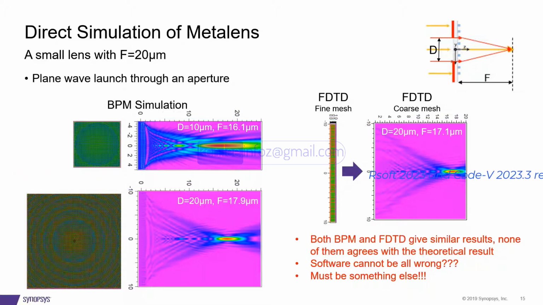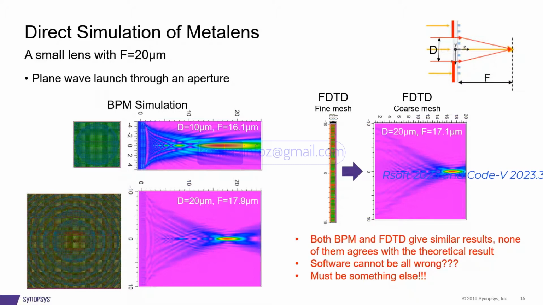We also consider a plane wave input that goes through an aperture. In this slide, you can see the layout and simulation results when the aperture size is 10 microns. However, as you can see, the calculated focal length is 16.1 micron, which is quite different from the theoretical results.